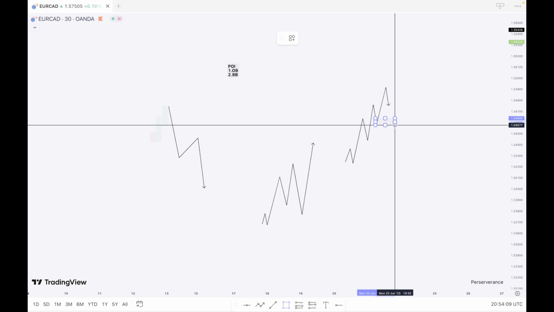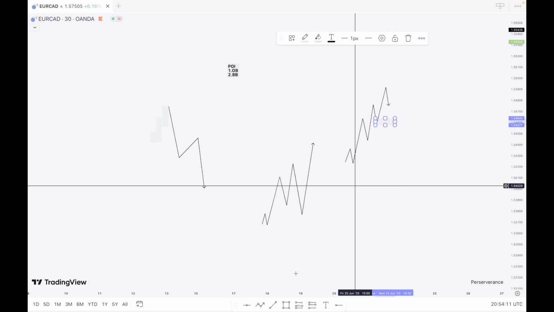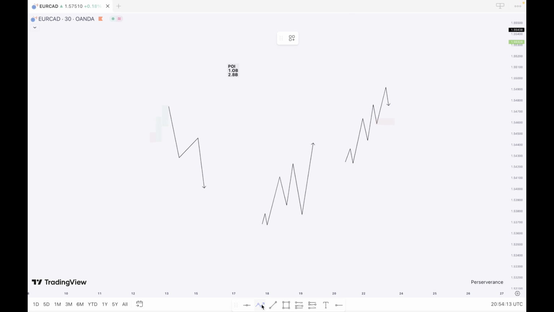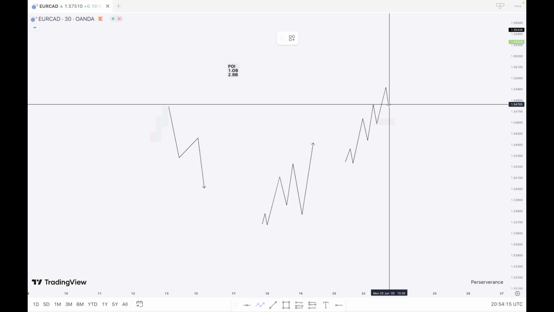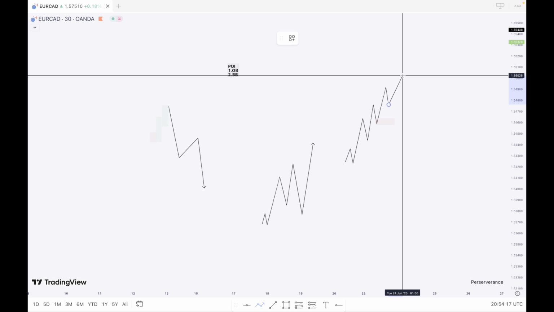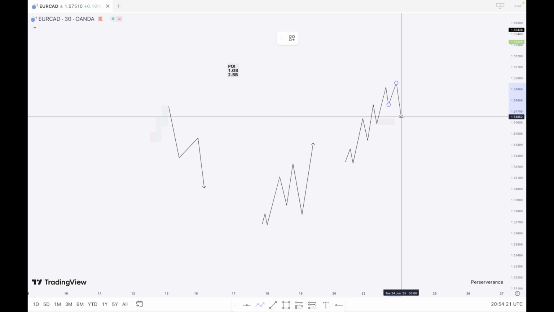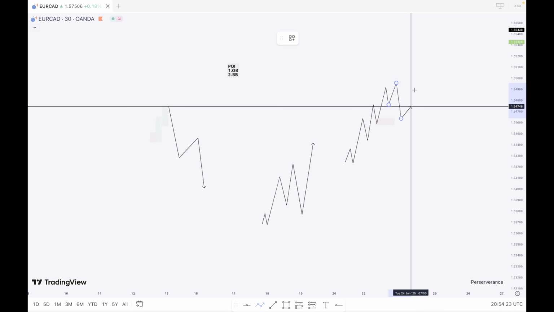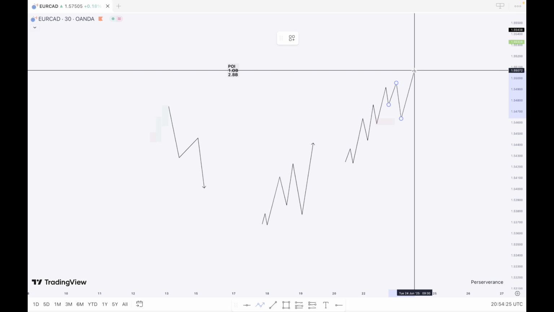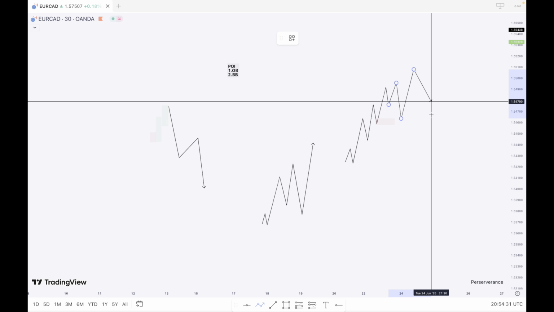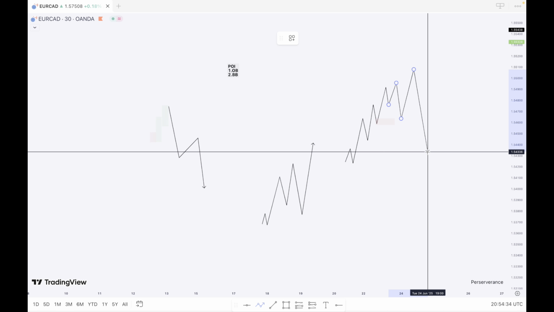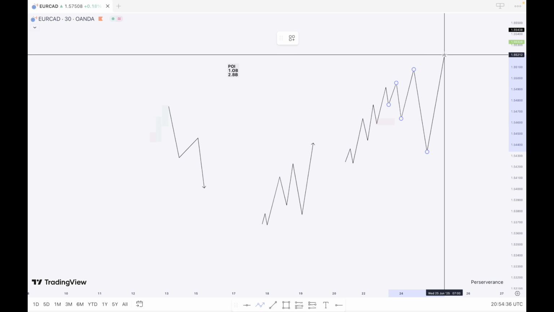We're not going to mark this one because we now have our new inducement. Now after price breaks structure, it comes down to tap into this POI and then moves up. After price takes out, let's say, a recent high or swing high, price might also come back to tap into the first one before moving back up.